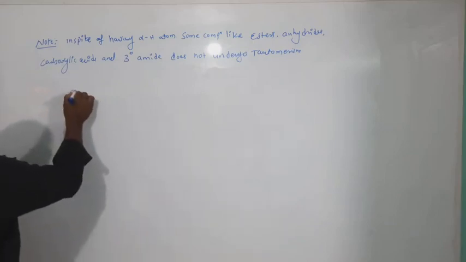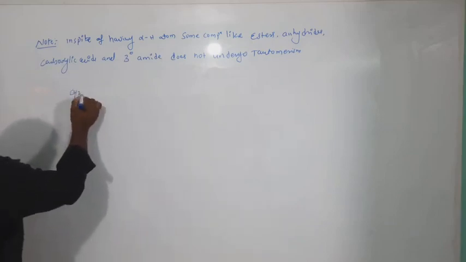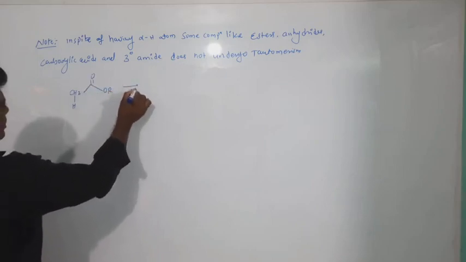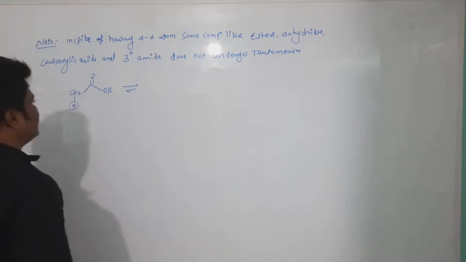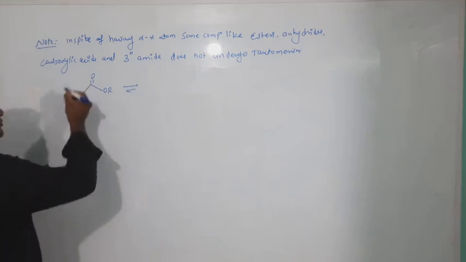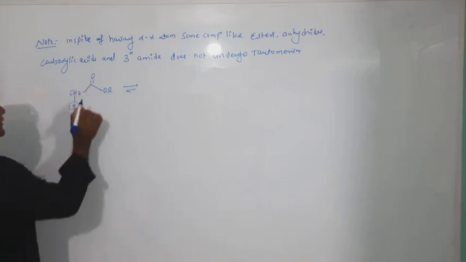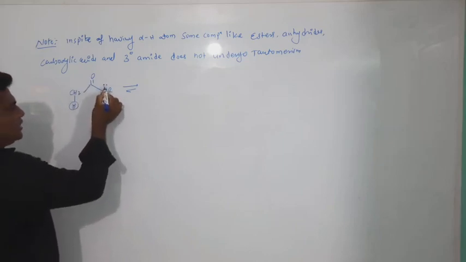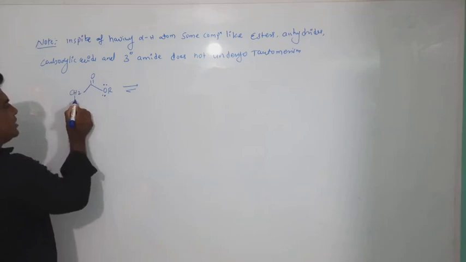Suppose you take the ester, here we have the alpha hydrogen atom. See here, this is ester OR. So why does it not undergo tautomerization? Alpha hydrogen is there, but even though it does not undergo tautomerization. Why? Because here this is the carbonyl group, where the lone pair is available, and this is the sigma electron.